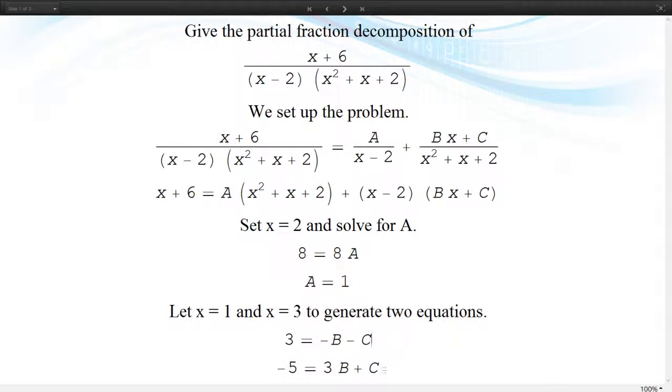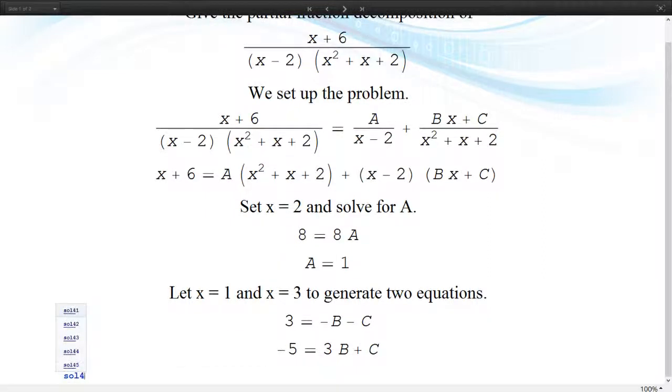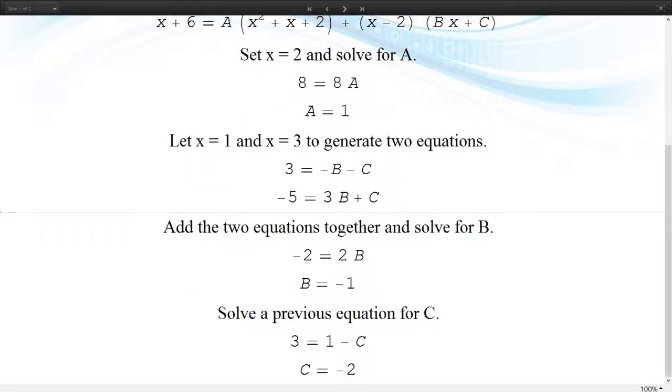And then we can use elimination to solve for b. I think this will be solution 44. Yes, so we add the two equations together to solve for b. We get 2b is equal to negative 2.